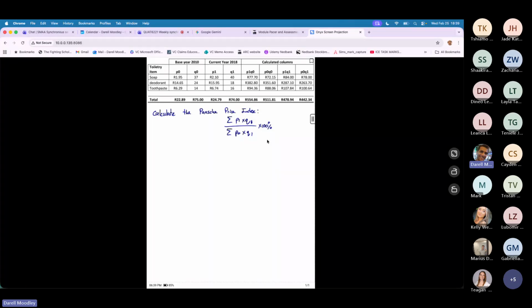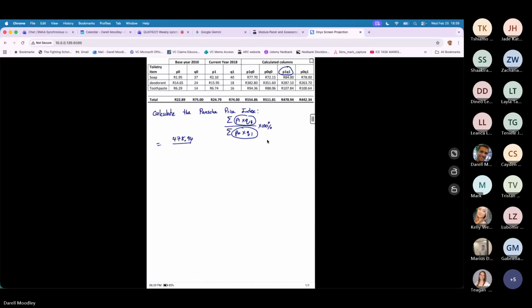All right. Now, we've done all the hard work here because we've got these totals. If you look at the numerator, P1 Q1, we already have that here. And the total of that is 478.94. And the denominator is this, P0 Q1.